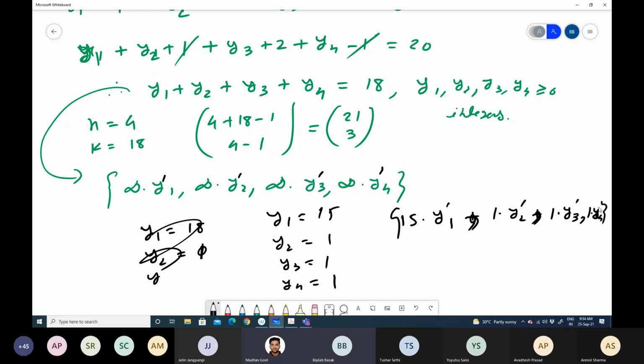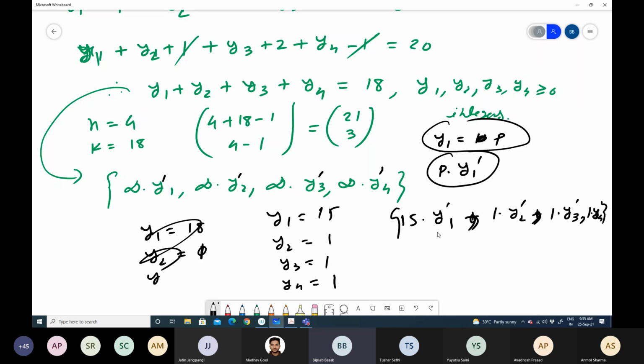So if your y1 is, suppose, p, then we are taking p times y1 dash. So it is not exactly the same. It is similar to finding a multiset, and there is a one-to-one correspondence between this multiset and this equation. Thank you for asking, because it is better to specify this.